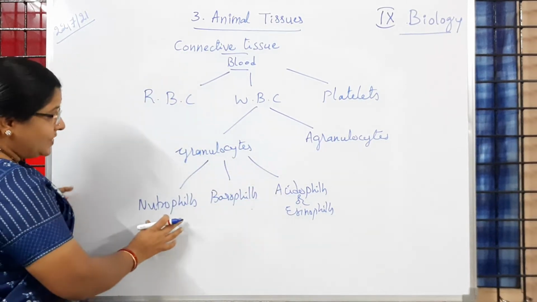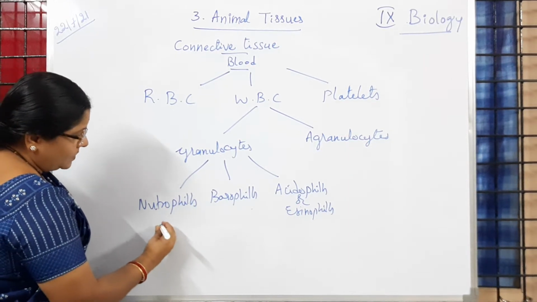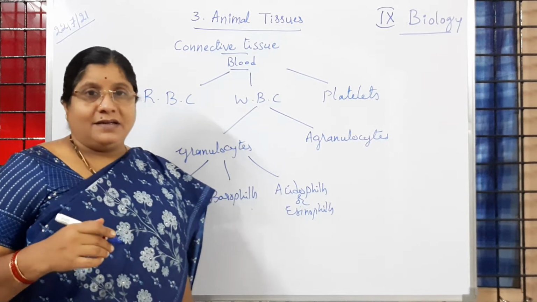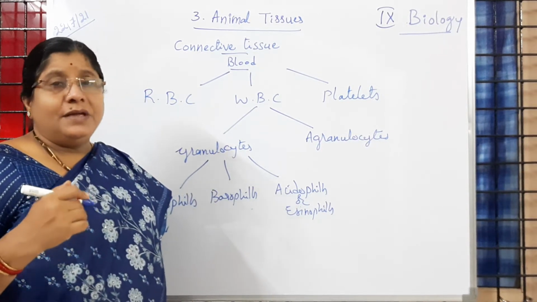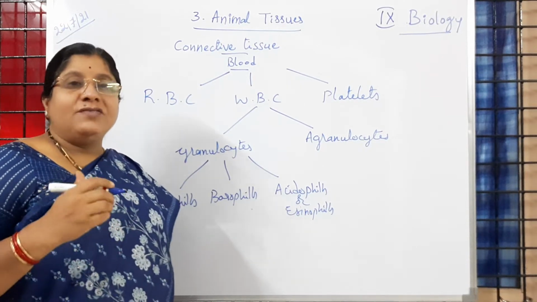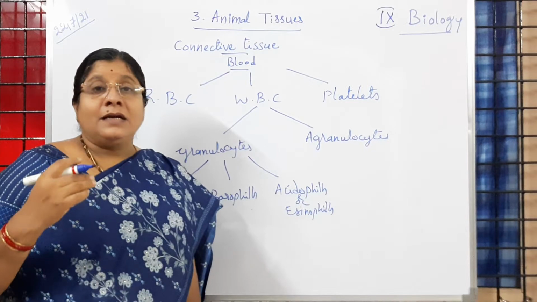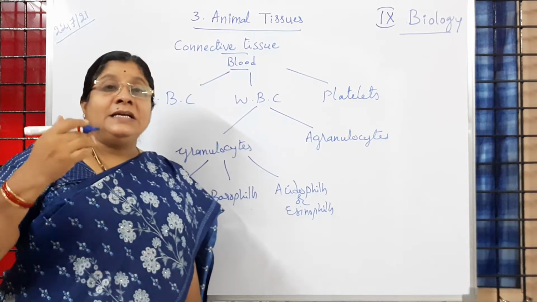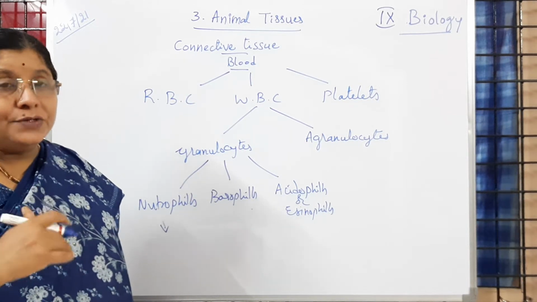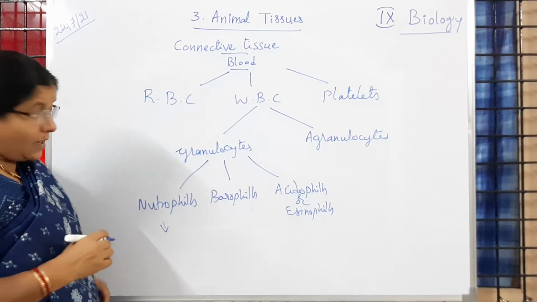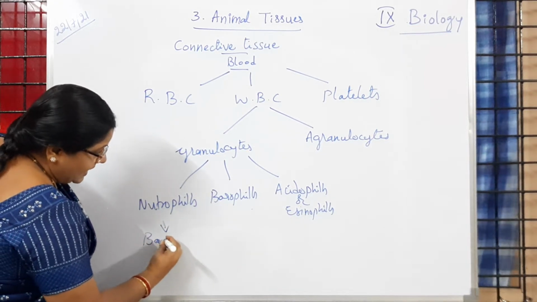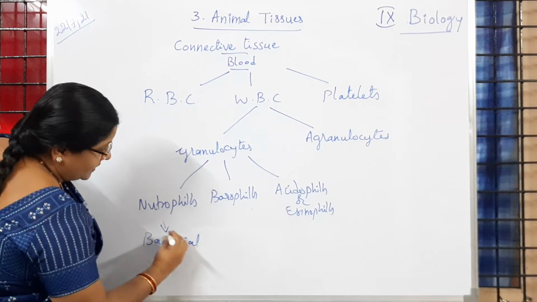Now neutrophils, if we take, what do they do? When we are suffering from any kind of bacterial disease, bacteria enter into the body through drinking contaminated water, taking contaminated food, or breathing contaminated air. So all kinds of bacterial diseases will be controlled.